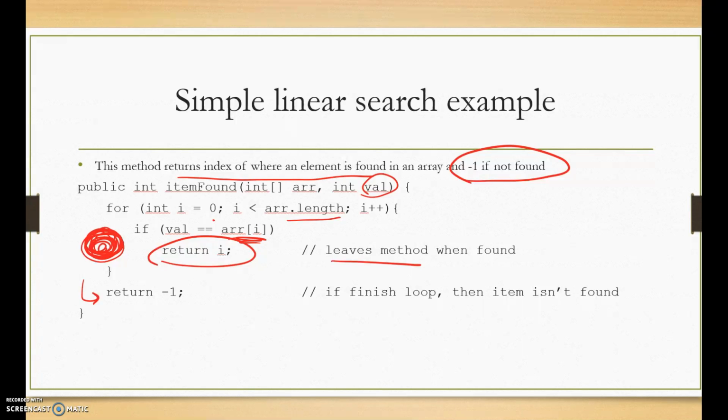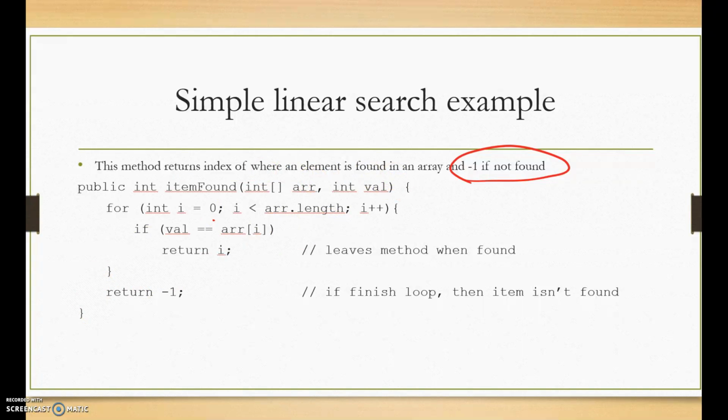Now, if in this scenario I want to return the specific index, a for each loop would not work for me. However, sometimes we don't care about the specific index, we just care if it's found. If that were the case and all I cared about is if it were found, then this method could be a little bit different. I could change it to return a Boolean. If it is found, it will return true, and if it's not found, it will return false.